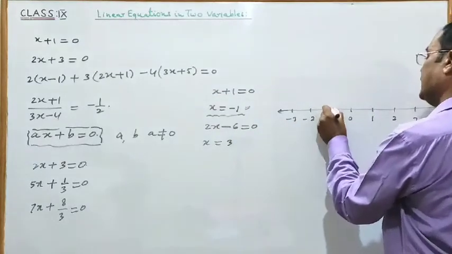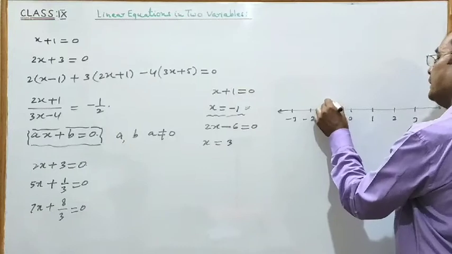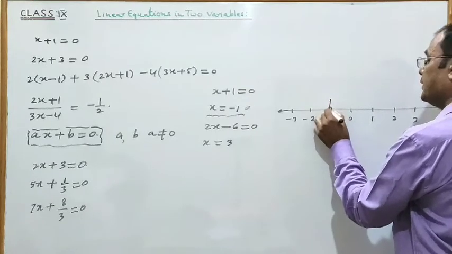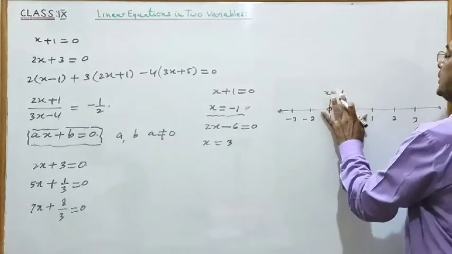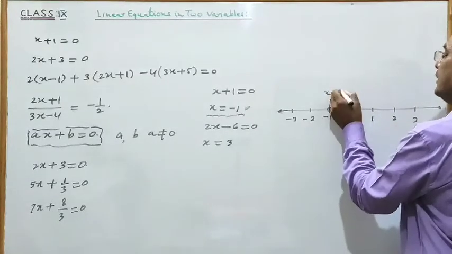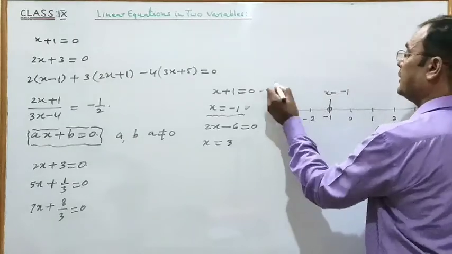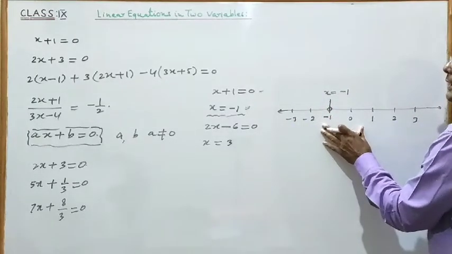So this point x = -1 represents the solution of this linear equation on the number line like this.